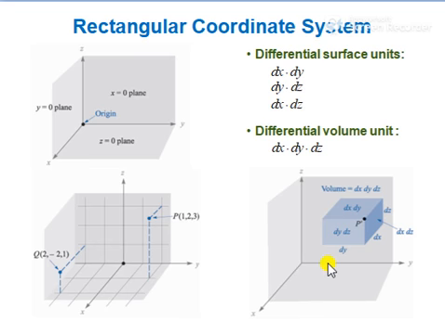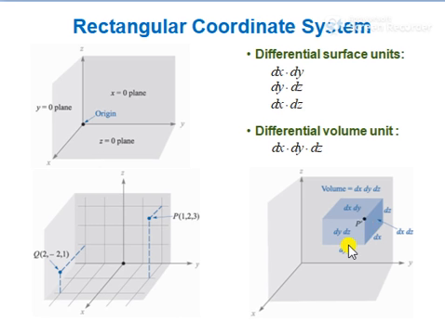Here, at this corner, the point has a dx increase. In all directions it has increased from the original point, hence it is P dash. Therefore the new point P dash has coordinates x plus dx, y plus dy and z plus dz, right?